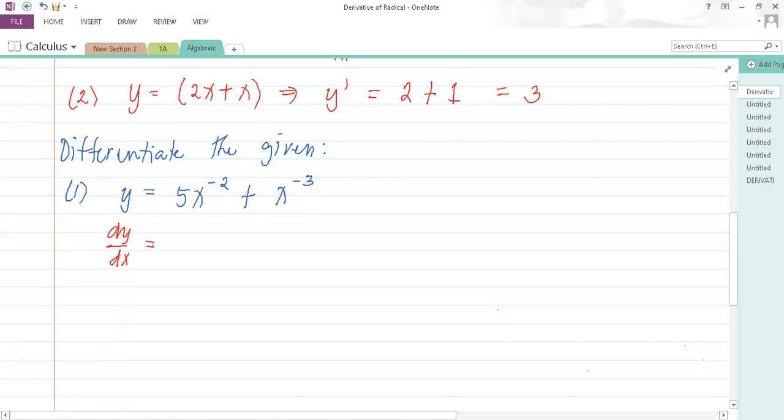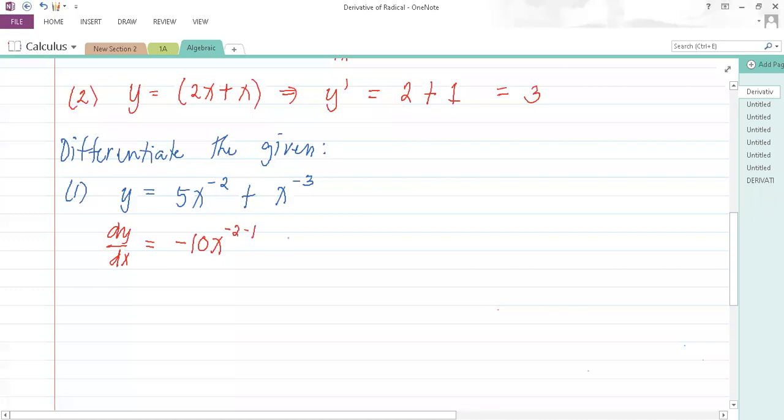That is equal to, kunin natin yung derivative ng first term. Okay, so paano kunin yung derivative ng first term? That is negative 2 times 5, that is negative 10. Okay, x, meron tayong x raised to, yung exponent niya, negative 2 minus 1.